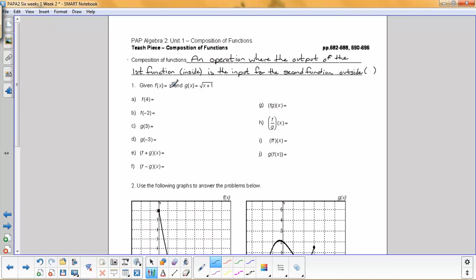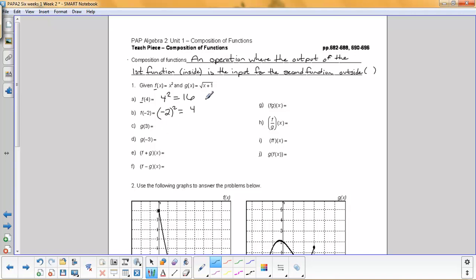So f of 4, pretty simple. Identify your function by the variable used and insert by substitution the x value, and the answer is 16. Again, for the second one, it'll be -2 substituted in for x, and remember, any negative number squared becomes positive.